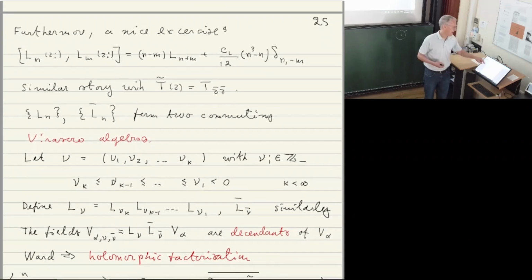One of the nice exercises in this business is to do the following calculation. Provided all I said to you is true, compute the commutator of two of these guys, Ln at zi and Lm at zi. So you have two of these contours, this one with n, and this one with m.